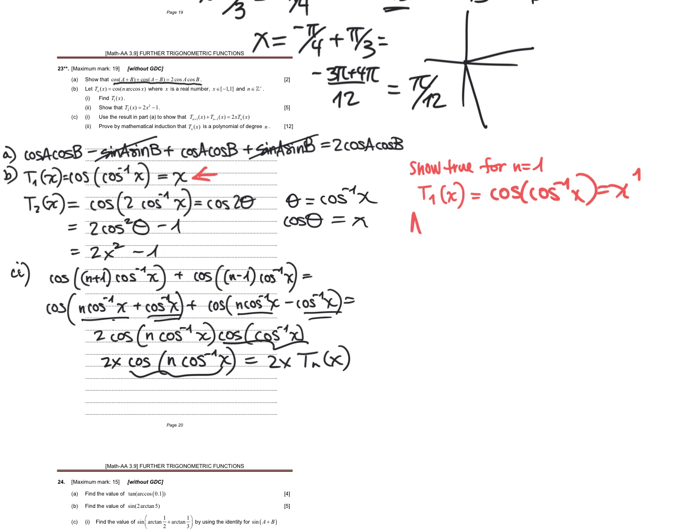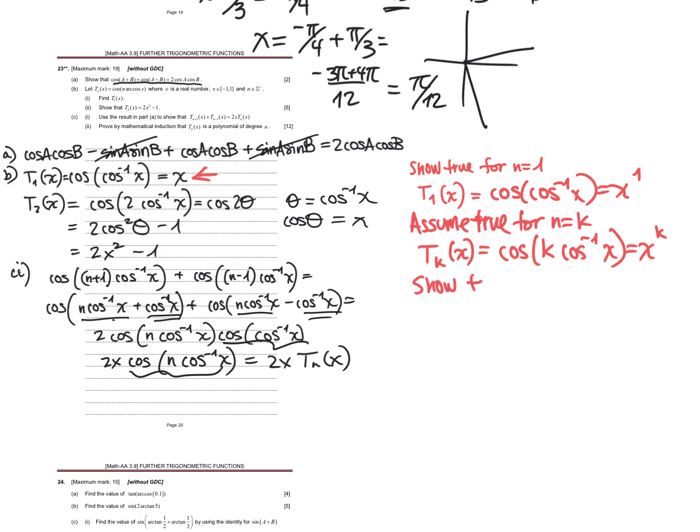Okay? So now we assume true for n equals k. So T_k of x is going to be cosine of k cosine inverse x equals x to the k. All right, so then we're going to show true for n equals k plus 1.